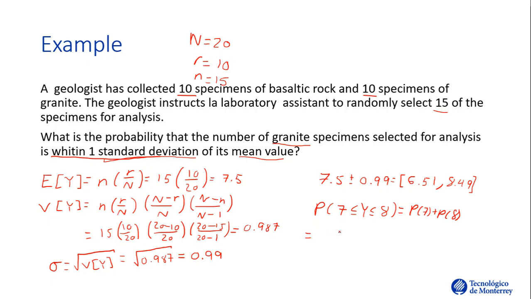I can do this with the formulas that will result in the combination. Remember that the probability of y, just for the record, is nothing but the combination of r and y times the combination of n minus r and n minus y over the combination of n and n. So you just need to substitute values. R is 10. Y is 7.